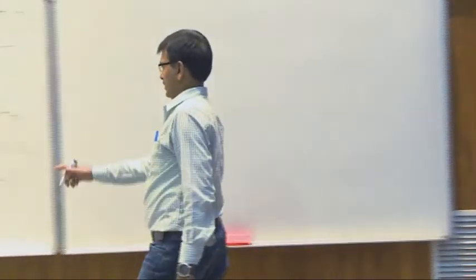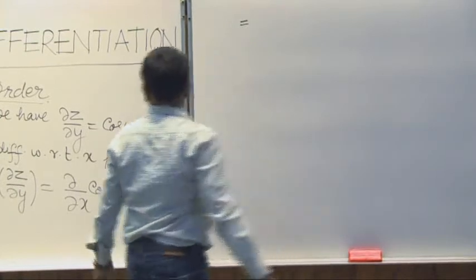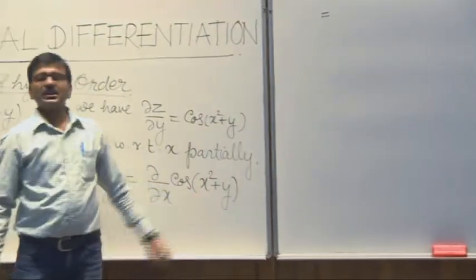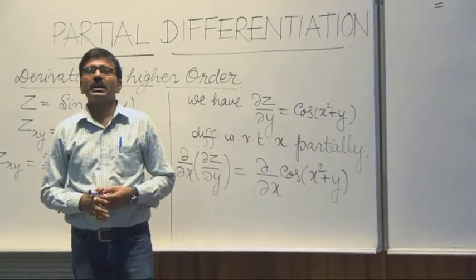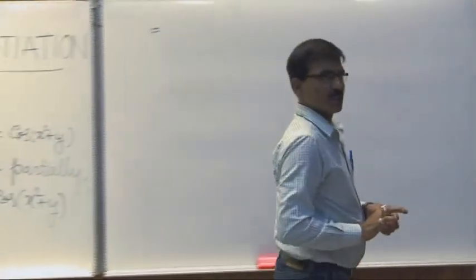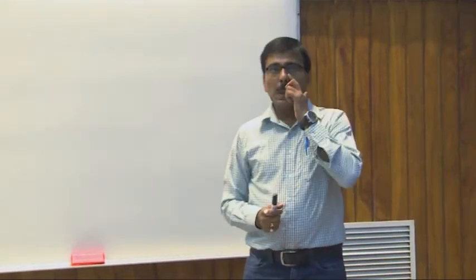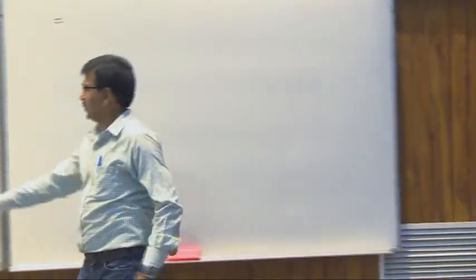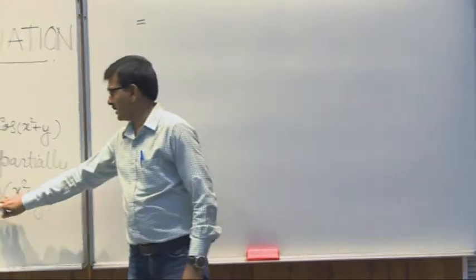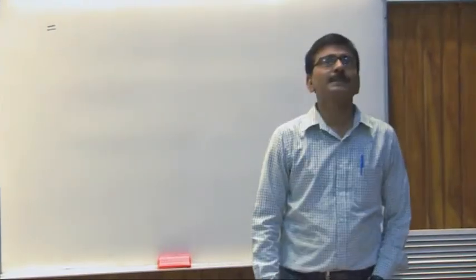I hope you have already copied it. So check this one: cos of x square plus y. Differentiation of cos of x square plus y with respect to x. Now we are not going to put any u or v, no substitution. I understand, you understand it. So can anyone of you tell me what will be the derivative of cos of x square plus y with respect to x?